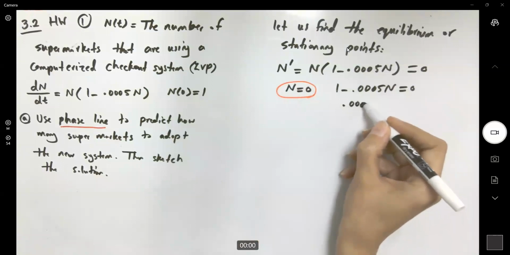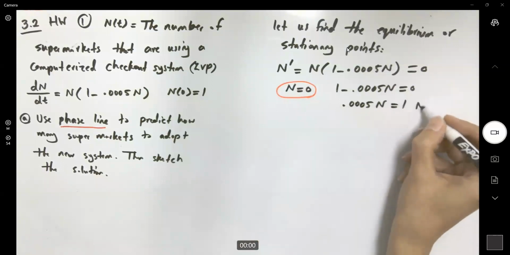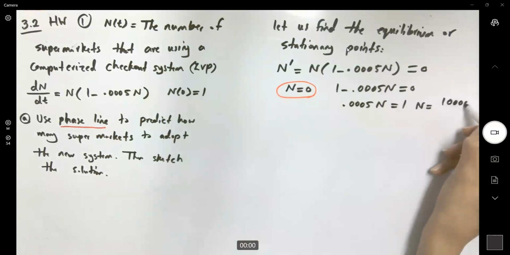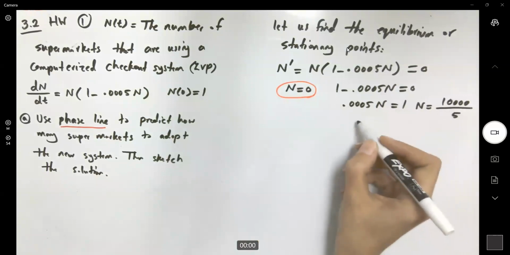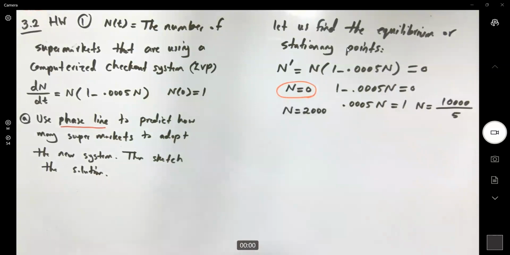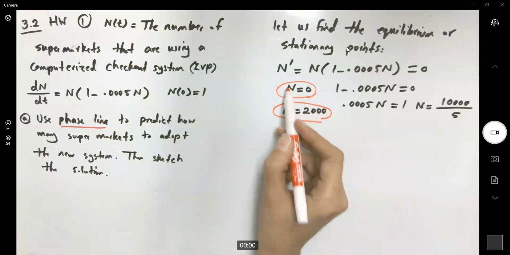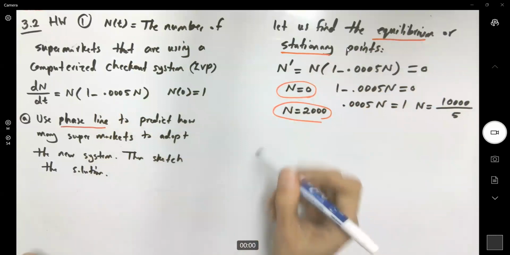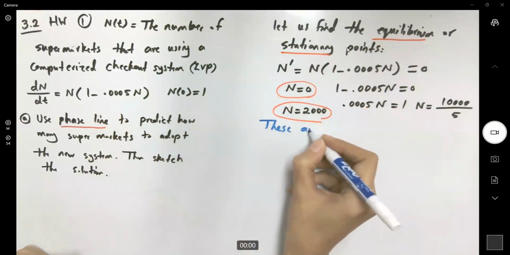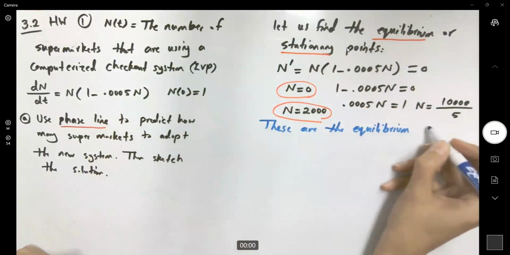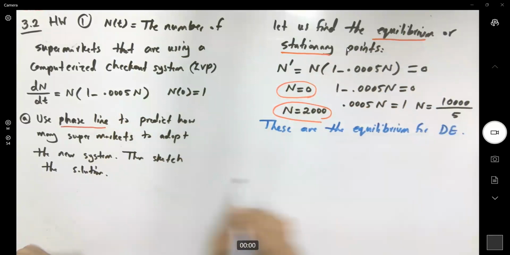So 0.0005 N is equal to 1, or N is equal to 1 divided by 0.0005, which is 10,000 divided by 5. So N becomes 2,000. We have two stationary points, or equilibrium points, for this initial value problem.